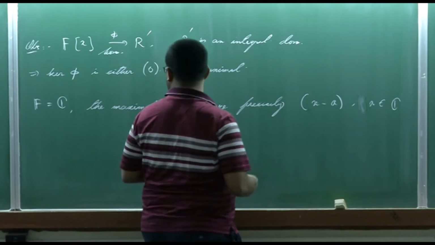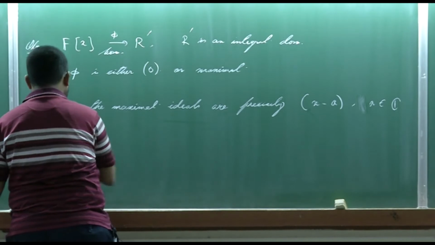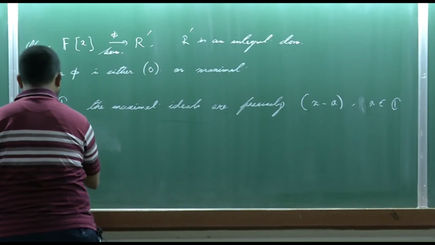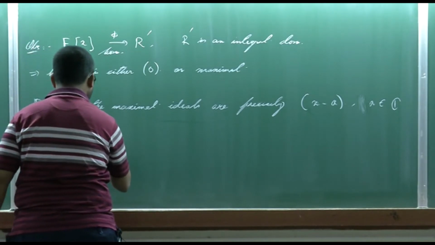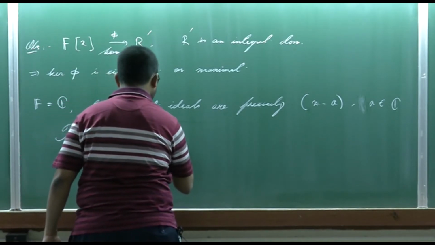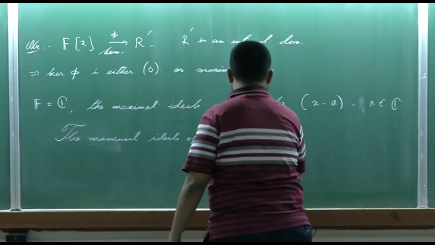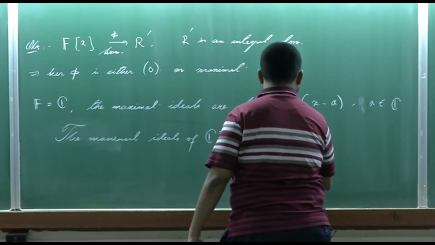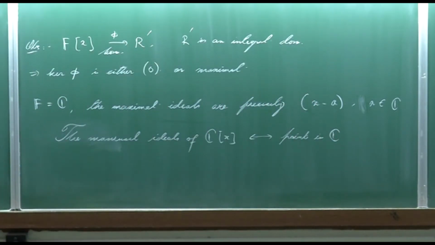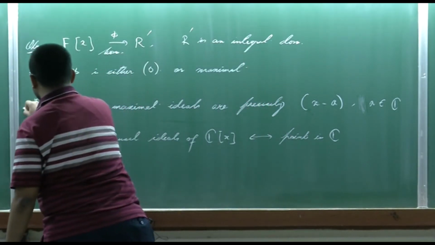So, observe that the maximal ideals of C[x] are in a bijective correspondence with points in C. Okay. So, this is what we obtain in view of this.